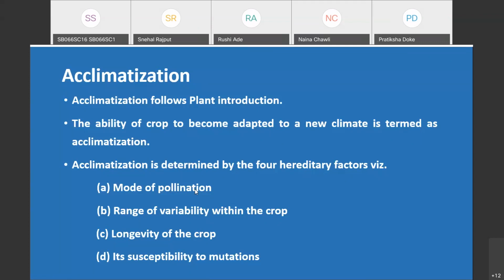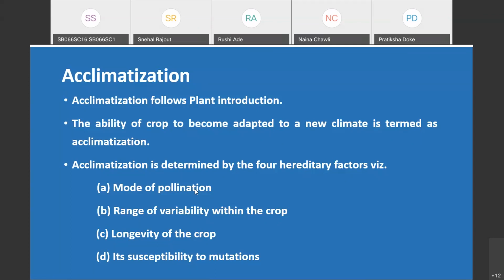Acclimatization is nothing but the ability of a crop to become adapted to the new climatic condition. In plant introduction, the plant material is introduced from one locality to another locality having a different environmental condition.